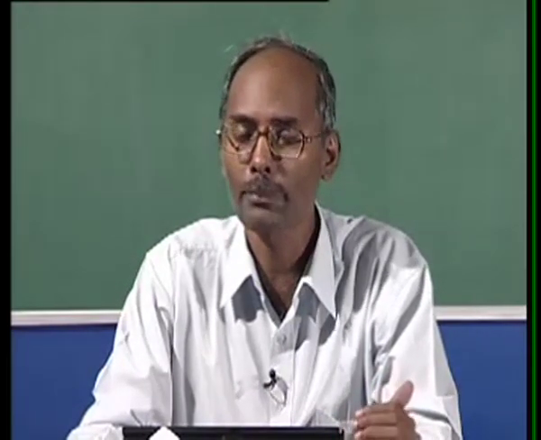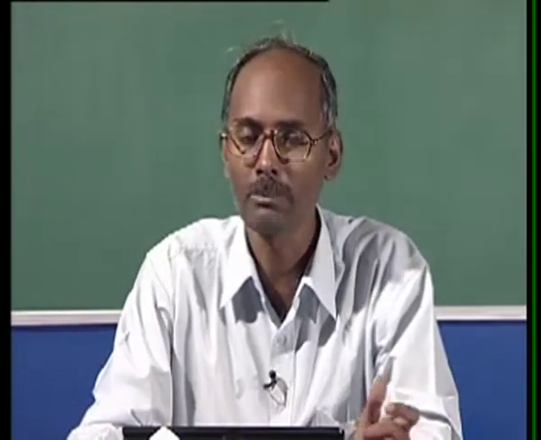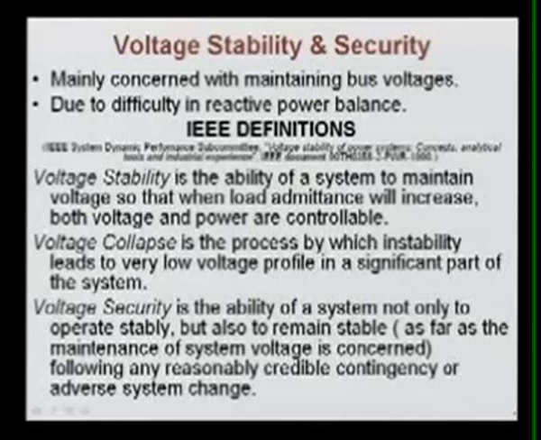So, it will not be voltage secure, means we have to operate stably. At the same time, the voltages at the various buses of the system must also be well within limit, that is your operating limits.